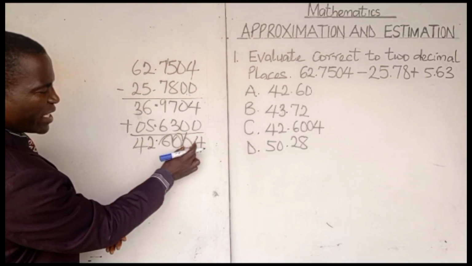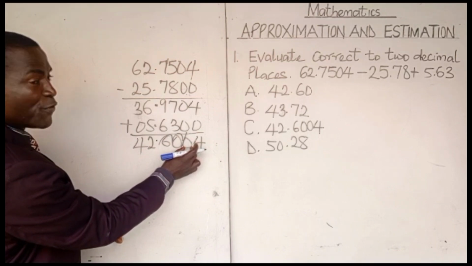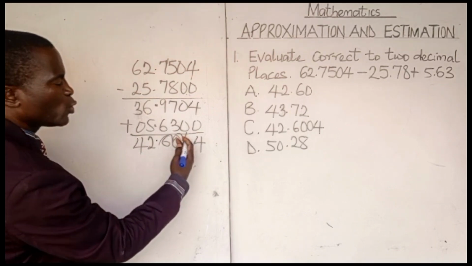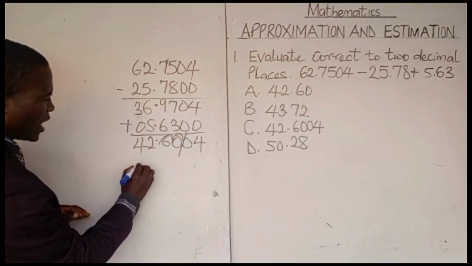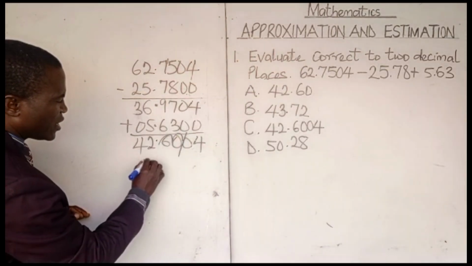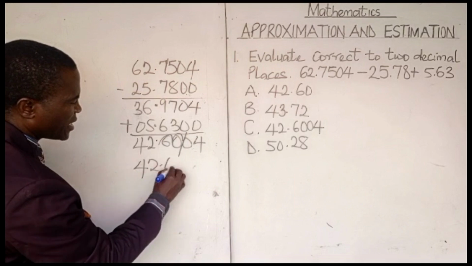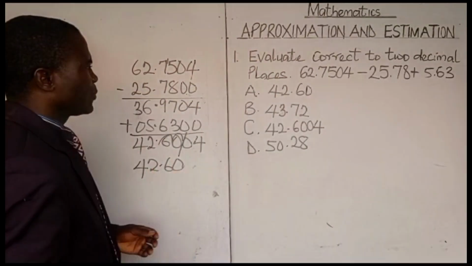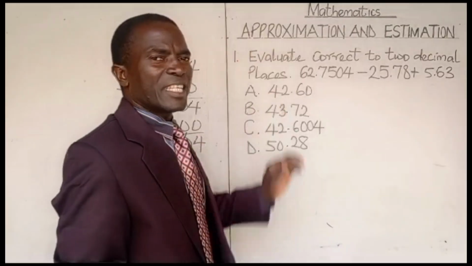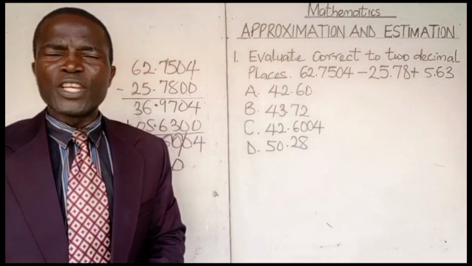The next digit here is not up to 5. Because of that, we are going to throw it away. So the appropriate figure now is 42.60. And when we look at the options, it is option A that is correct. I want to believe it's very clear.